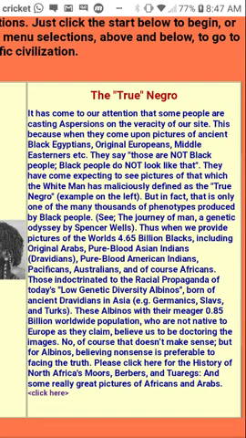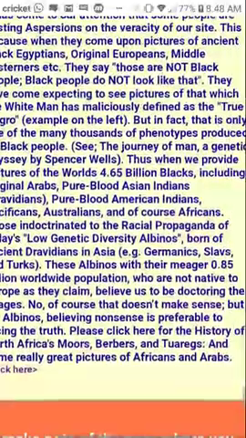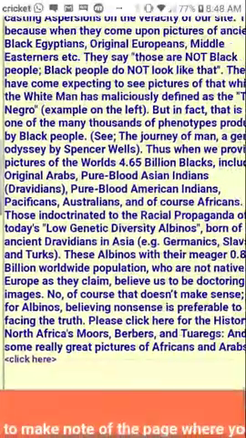These non-blacks, with their meager 0.85 billion worldwide population who are not native to Europe as they claim, believe us to be doctoring the images. No, of course that does not make sense, but for non-blacks, believing nonsense is preferable to facing the truth.